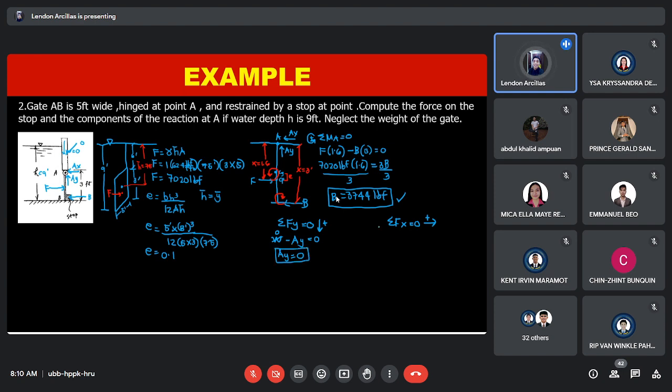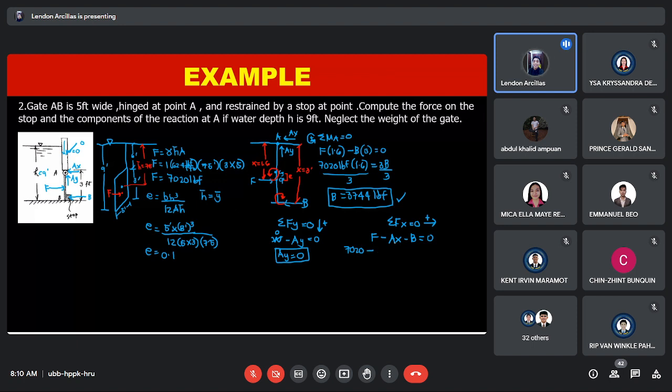Okay. Next is yung summation of F sub X, horizontal forces. So, pa right side positive. So, ang right side lang na natin is yung F, right? The other horizontal is pa left na. So, ang AX is pa left, kaya minus. Ang B naman natin is pa left, kaya minus din. Ang F, meron tayong value, 7,020.